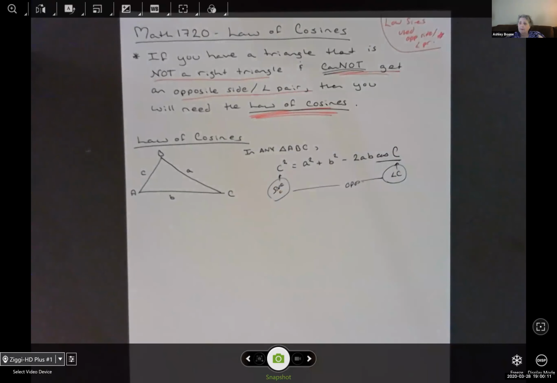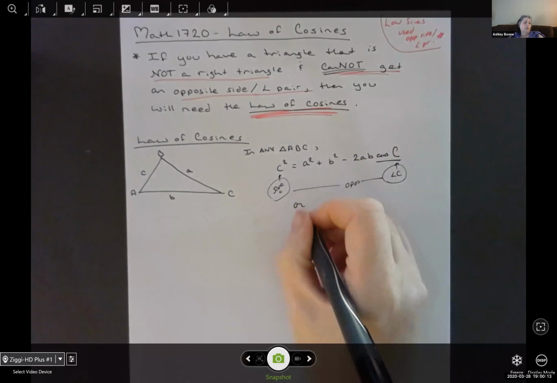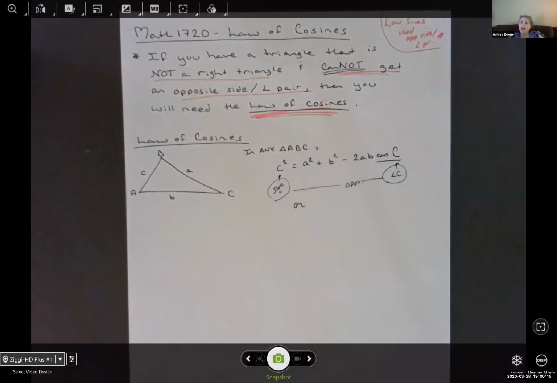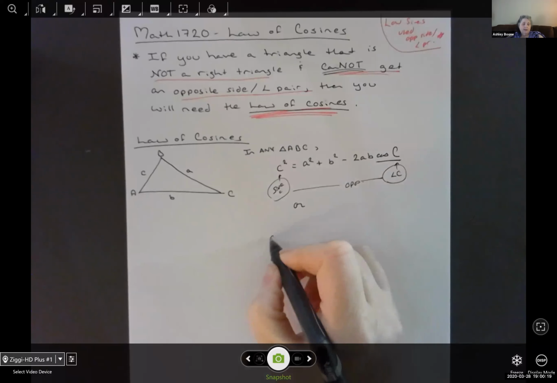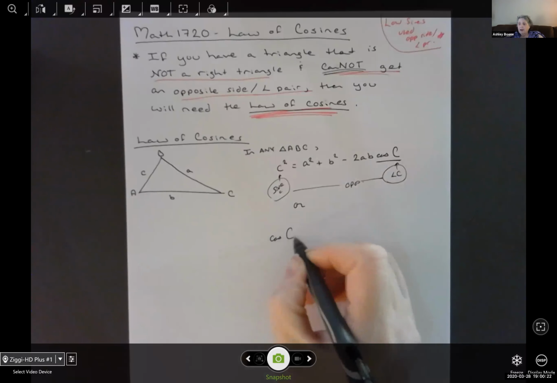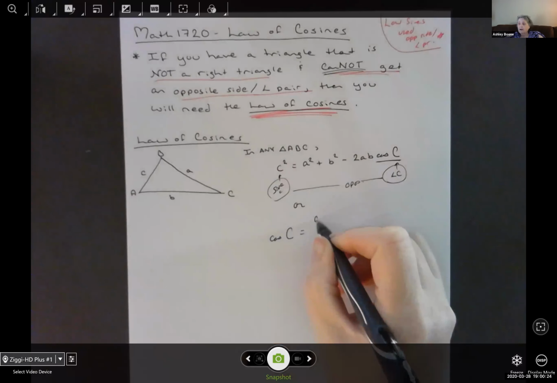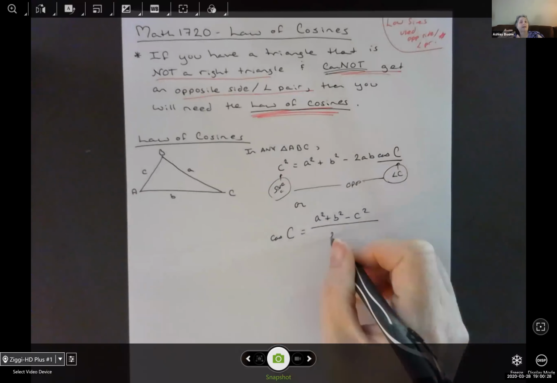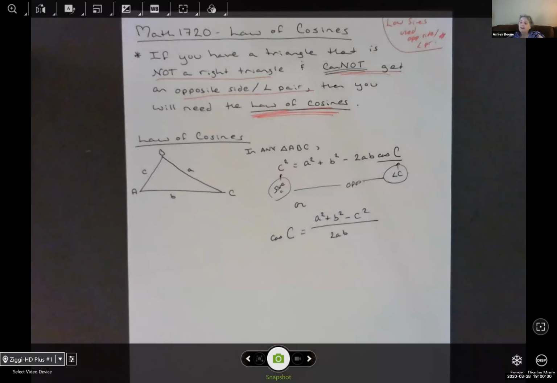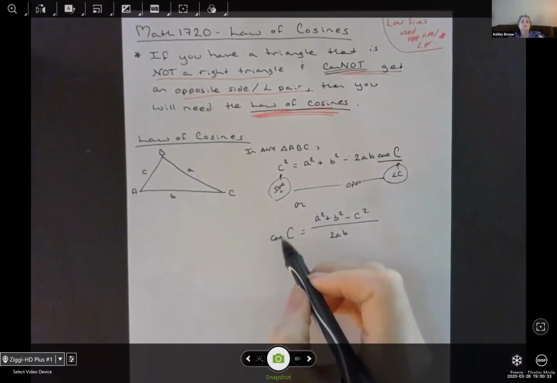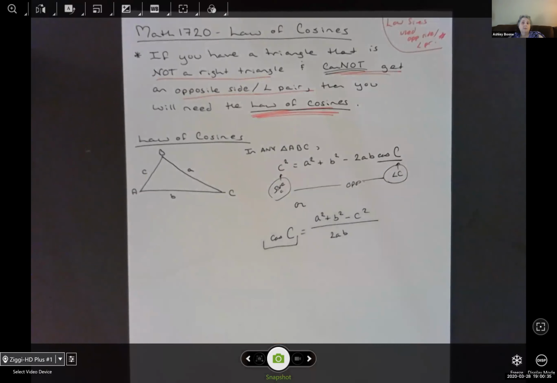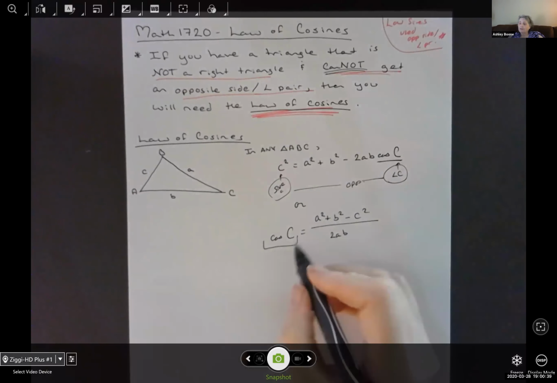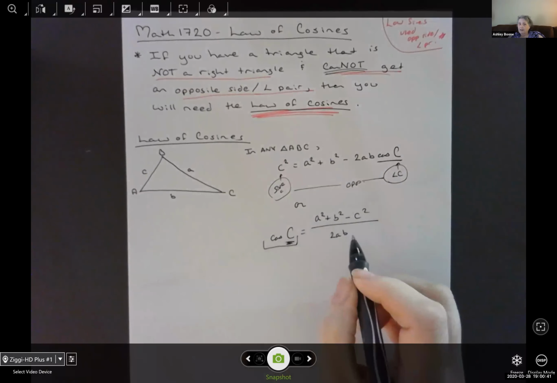In that setup, you could take the same equation and write it as cosine of C is equal to a squared plus b squared minus c squared, over 2ab. It's the same equation, but in this case, the cosine of the angle is on one side alone.